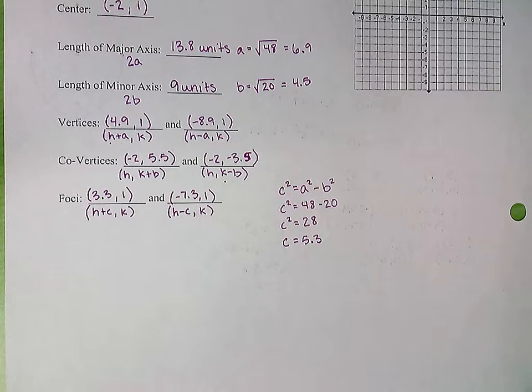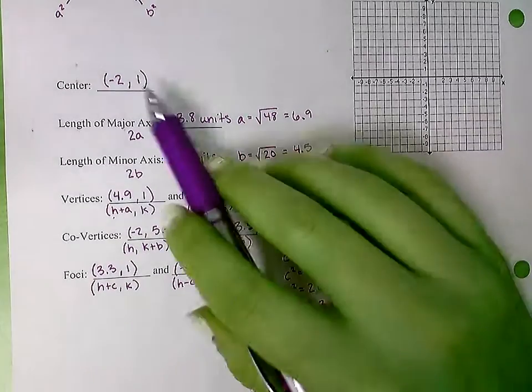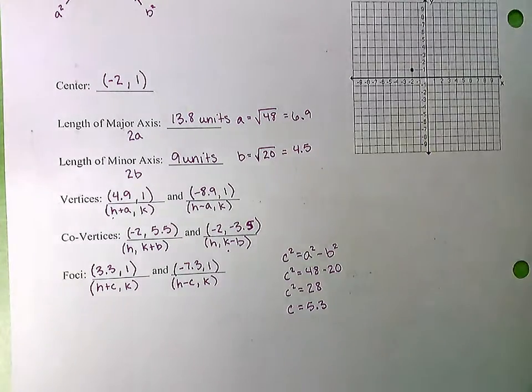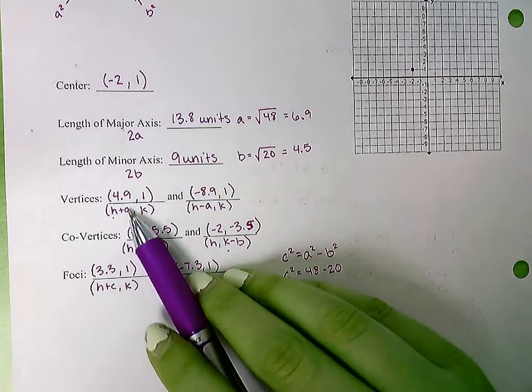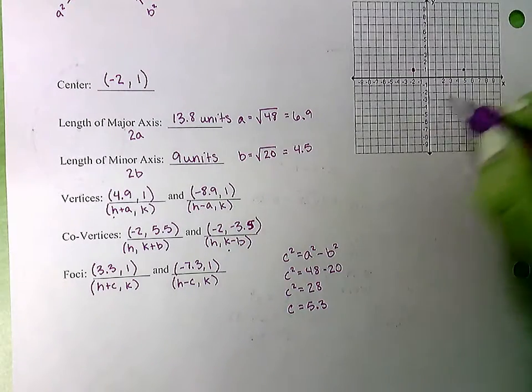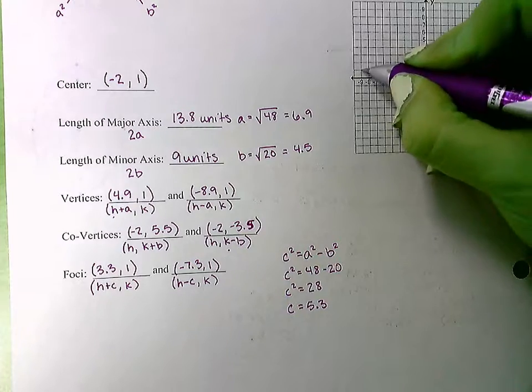Last step is to just plot your points. I can plot my center point at -2, 1. Plot my vertices, so 4.9, 1 and -8.9, 1.